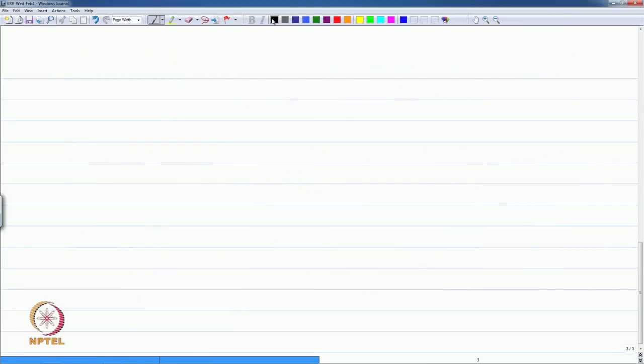Let me come back to the notion of entailment. We had defined the notion of entailment when we were looking at propositional logic. We had said that a set of sentences S entails a formula alpha whenever S is true, alpha must be true.